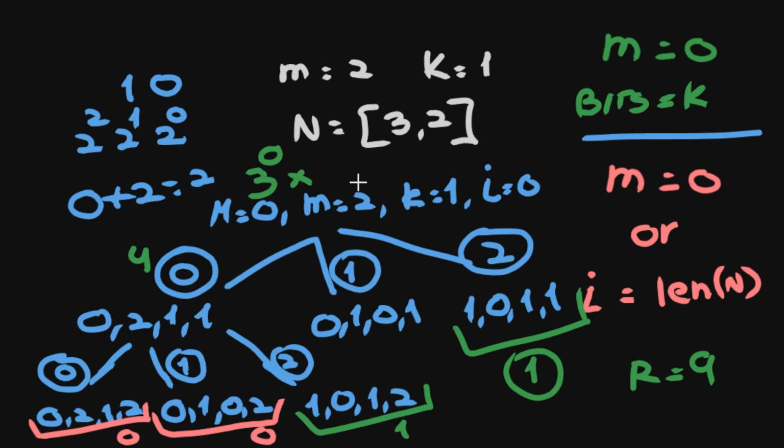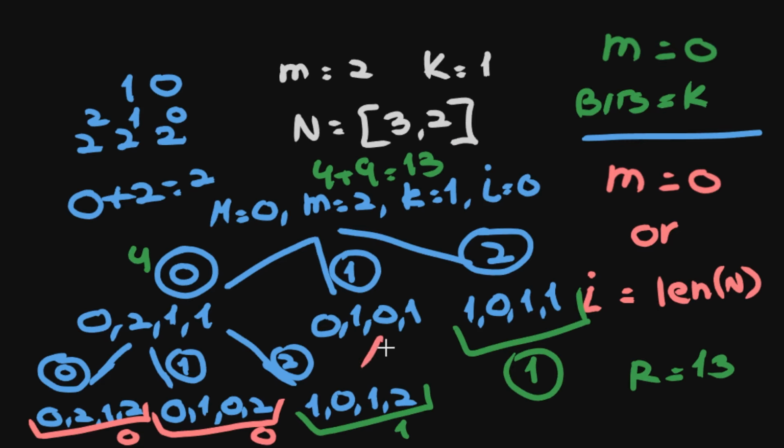And this is times the result here, which is 4, times the combination of mC0. And 2C0 is 1. So this is 1 times 4 times 1, which is 4. So we add 4 to the result. And 9 plus 4 is 13.